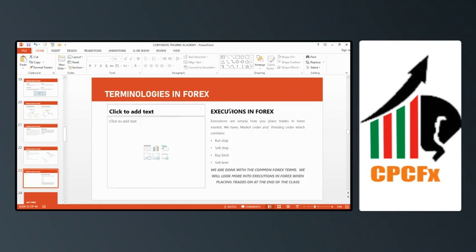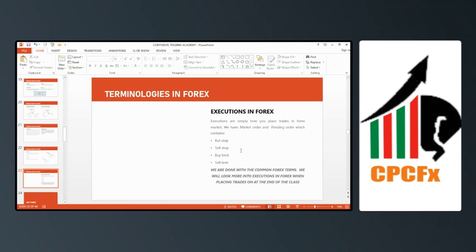So the last but not the least is market execution. Market execution is simply how you place a trade in the forex market. We have market orders and pending orders, which contain buy stop, sell stop, buy limit, sell limit.